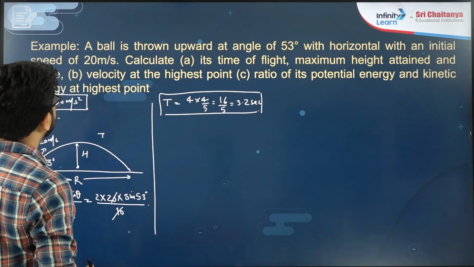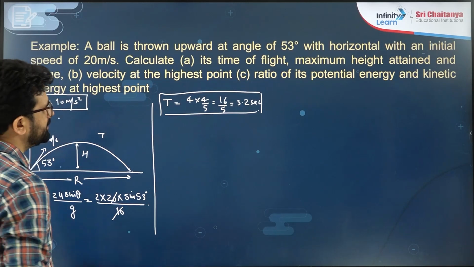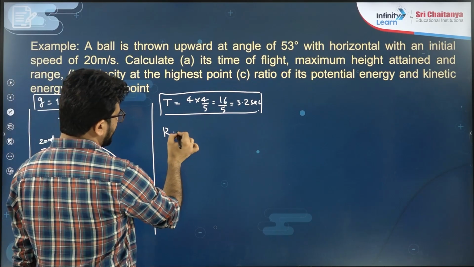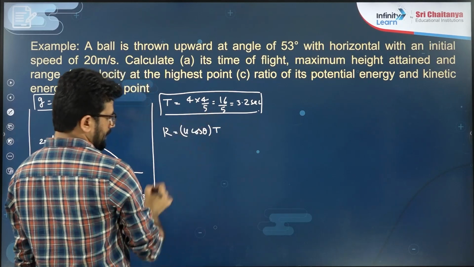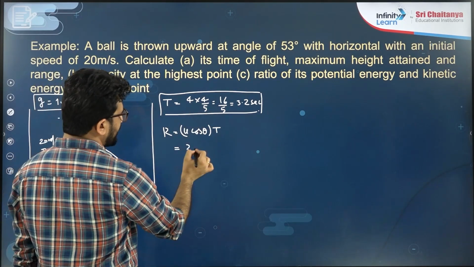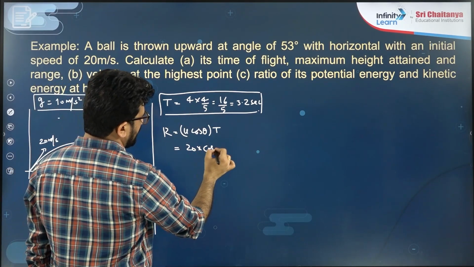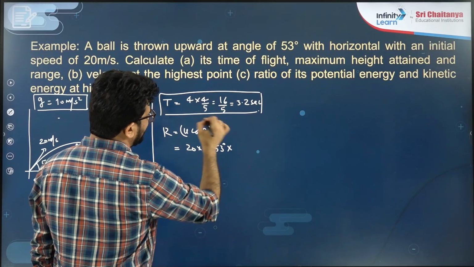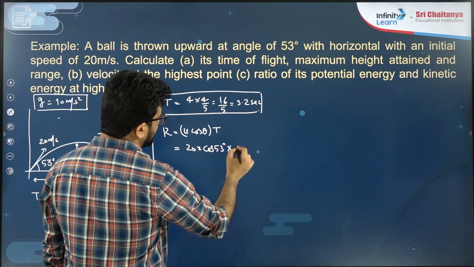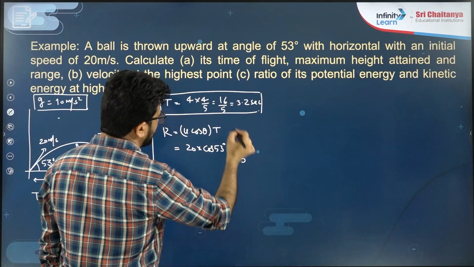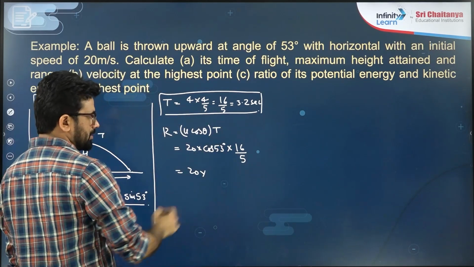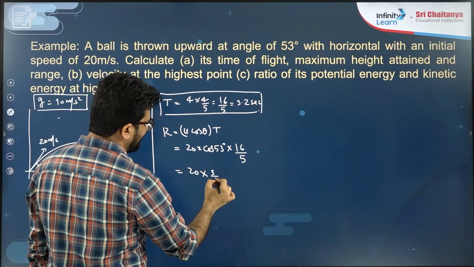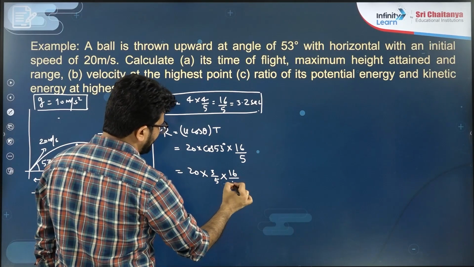Now, the second question comes to you. What is its range? Range is equal to u cos theta into t. What is u? You already know, 20 cos 53 degree multiplied by time. Time you know is 16 by 5 or 3.2. That is equal to 20, what is cos 53? That is 3 by 5 into 16 by 5.